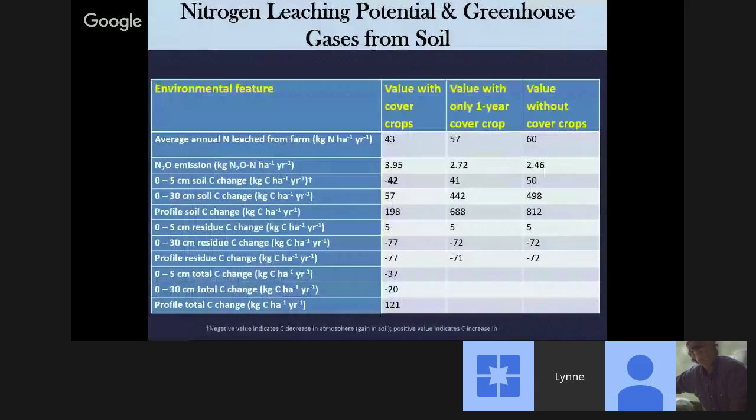One of the things that Cornelius is following up on is the use of cover crops. Both of these farms, and I think all of our model farms, are using cover crops in different ways. But he's really starting to tease apart what the changes in carbon and nitrous oxide are at different depths in the soil, depending on your intensity and frequency of cover crops.